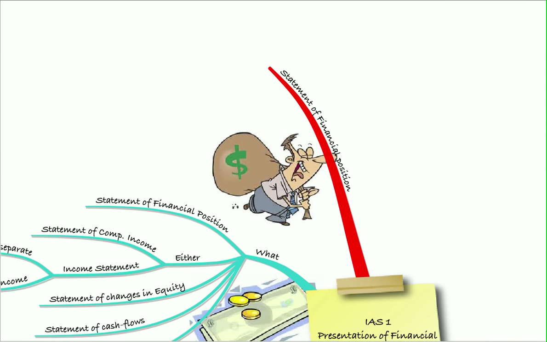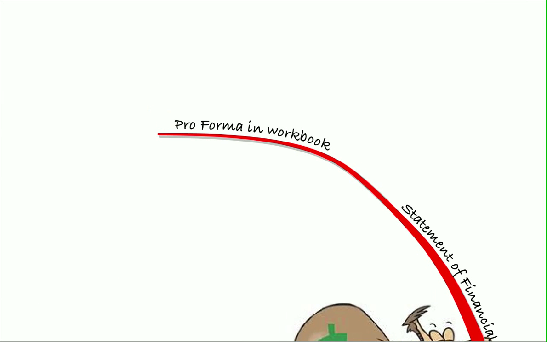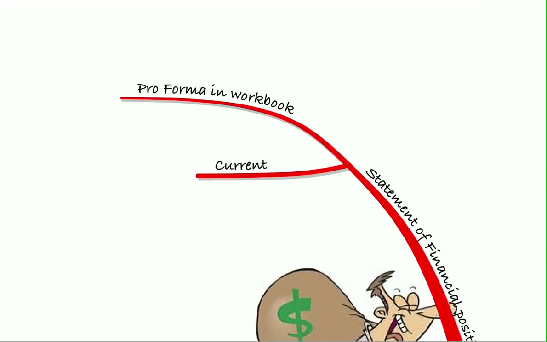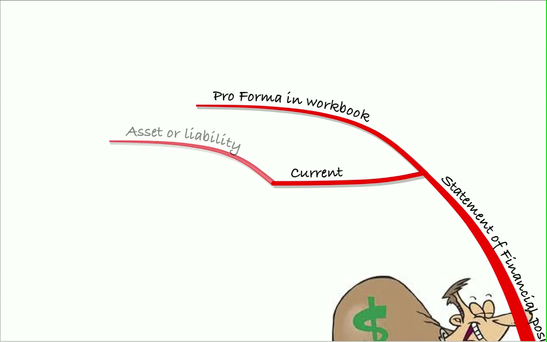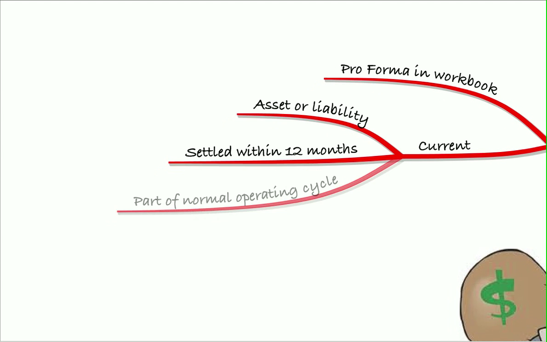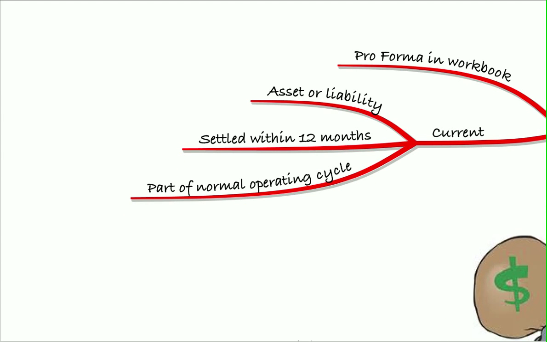So for our statement of financial position, there was a pro forma in the workbook that we looked at. We had to split up our assets and liabilities into current and non-current liabilities. Remember, current liabilities or assets were ones that we would think would be settled within 12 months. So if they were settled within 12 months as part of our normal operating cycle, we would classify them as current.